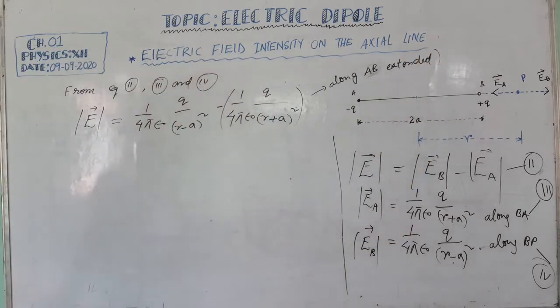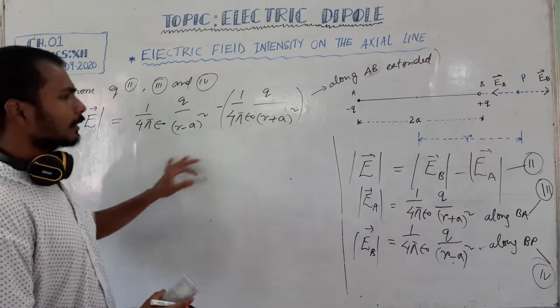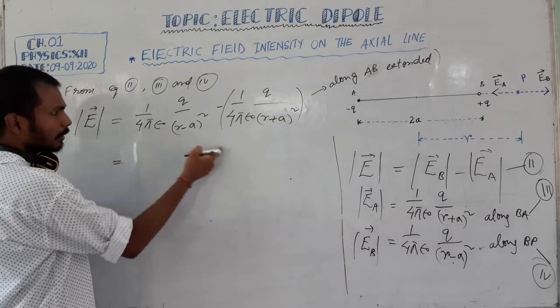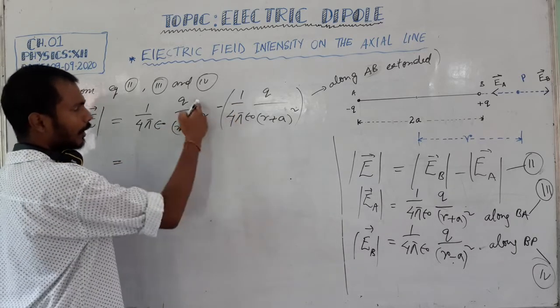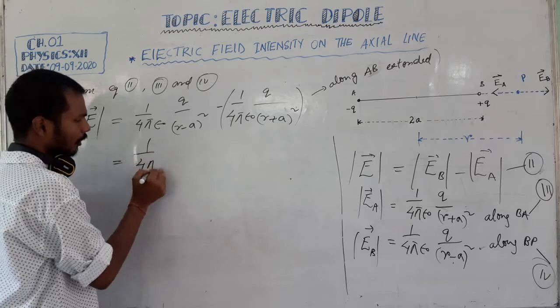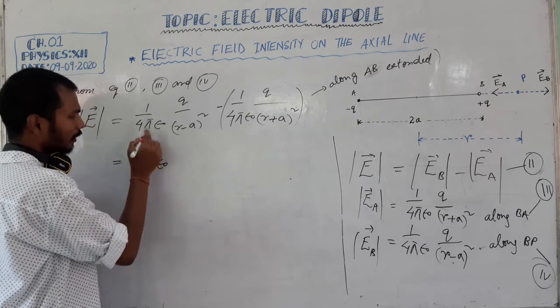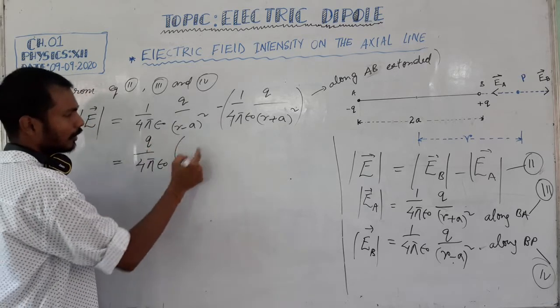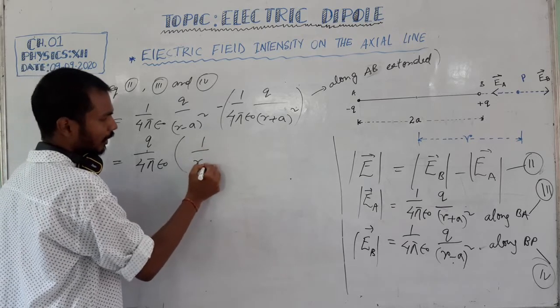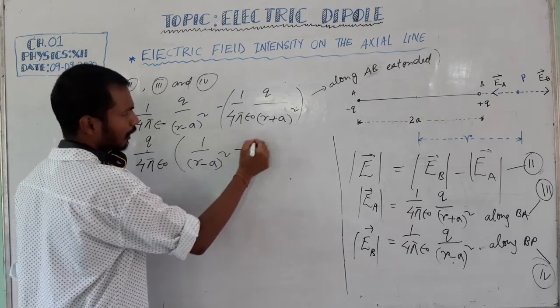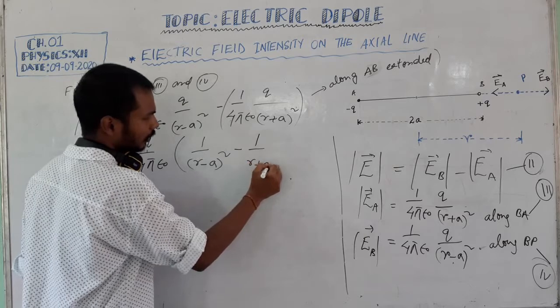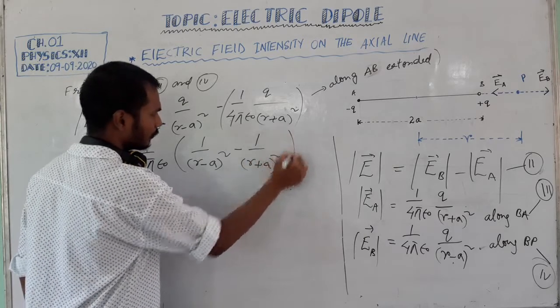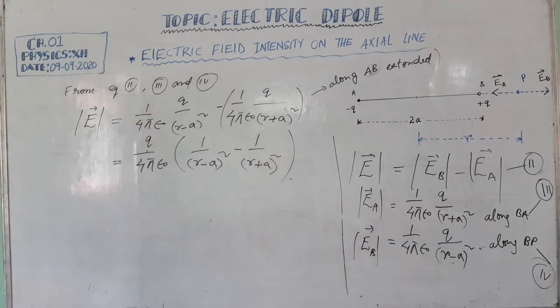Getting my point? Now take out the similar terms, 1 by 4 pi epsilon naught and q. In the bracket, 1 by r minus a whole square minus 1 by r plus a whole square.